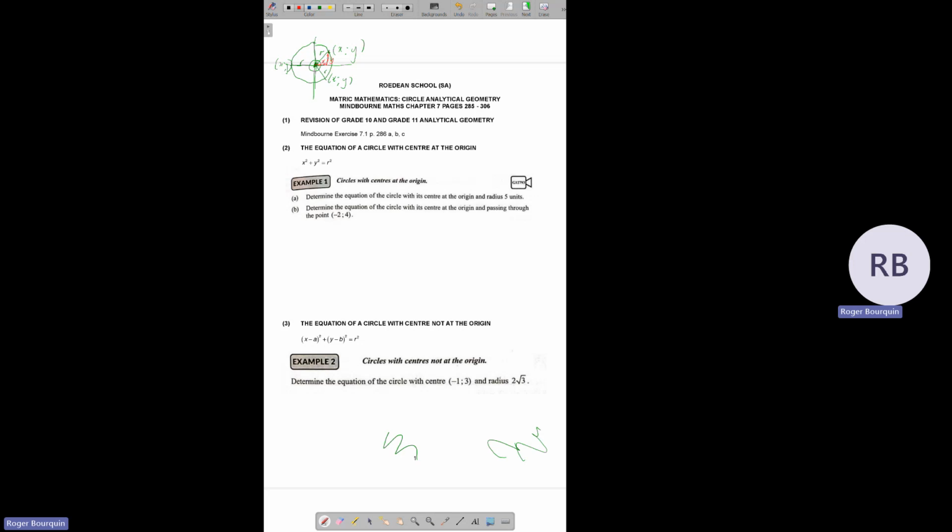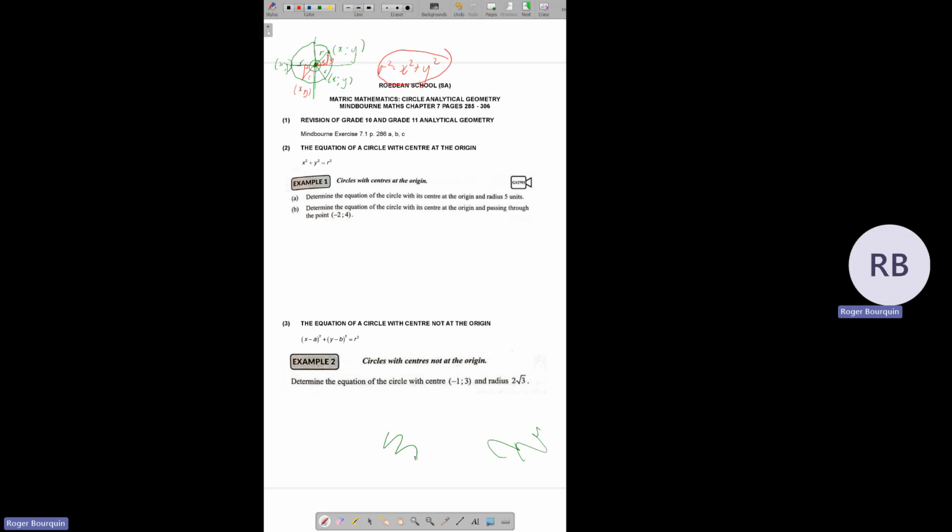In all of those cases, no matter where you worked, because of Pythagoras, r, the radius squared, will always be equal to x squared plus y squared.